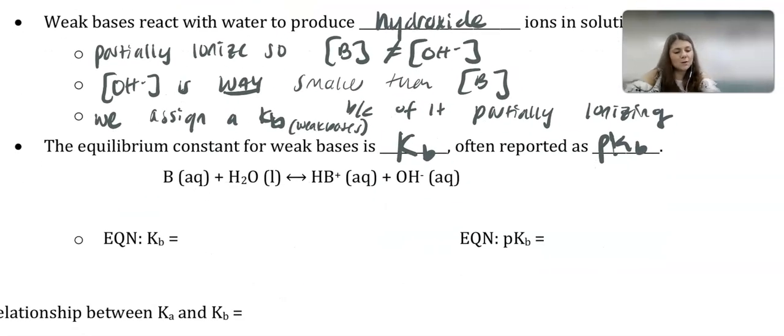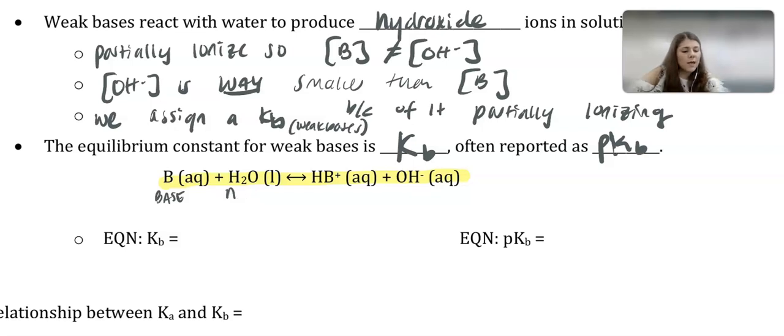Looking at this equation right here, when we talked about strong bases, we did not include the water, okay? Because the water wasn't necessary since our bases have hydroxides. Here, not all of our bases will have hydroxides, so that's where our water will come into play. If this is your base and this is your acid, then your acid, based on Bronsted-Lowry, will donate a hydrogen, so you'll be left with a hydroxide in the products.